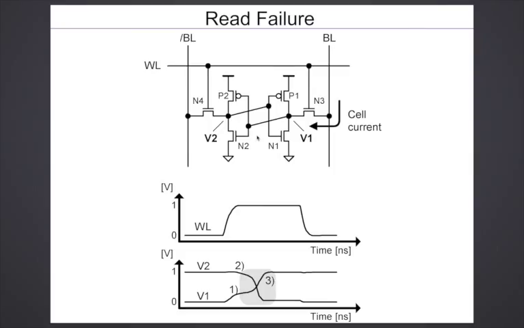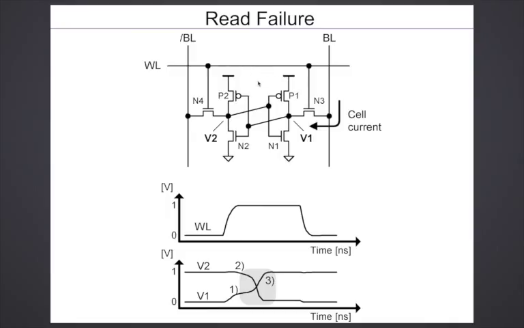Smaller the size, more is the variation in the characteristics of the transistor, the threshold voltage especially. So the characteristics of the SRAM cells in an array, if you sample them, will be all across the process distribution.